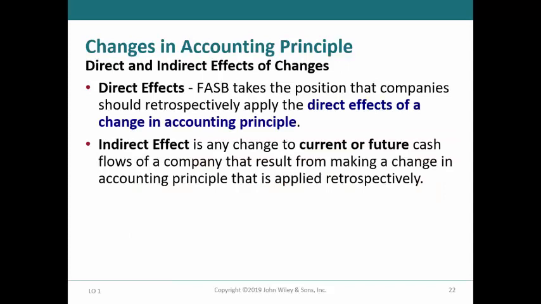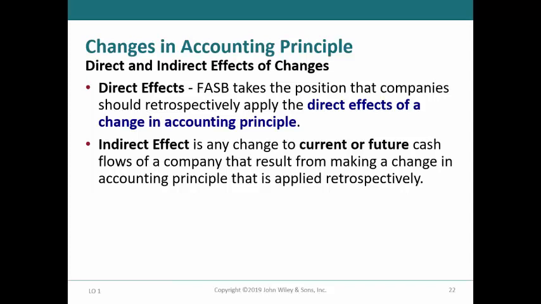The FASB took the position that while it is important to use the retrospective method to restate prior statements for all direct effects of a change in accounting principle, the board did not think that it was appropriate for indirect effects. Therefore, any indirect effects of the change will be reported using the prospective approach.